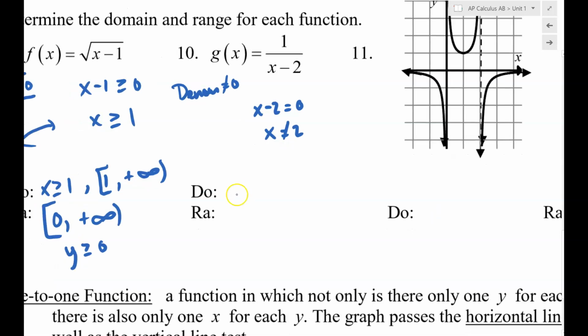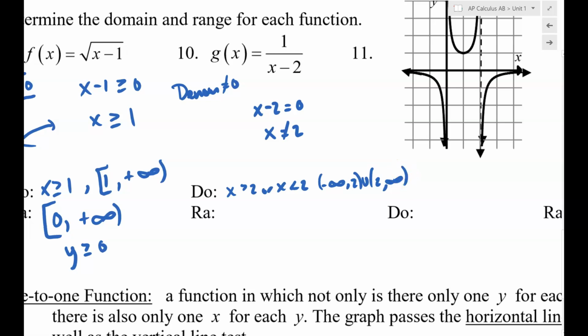So that's your domain. Your x values cannot be equal to 2, so we would say x is greater than 2 or less than 2. Okay, and written as interval notation, that would be negative infinity to 2, union 2 to infinity. Parentheses on both, because I can't include 2, right? We can't have 2 be a part of our domain.